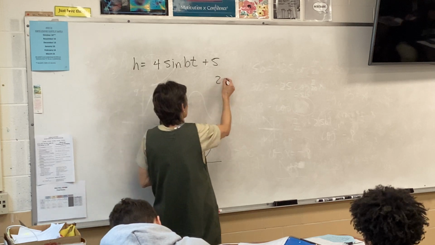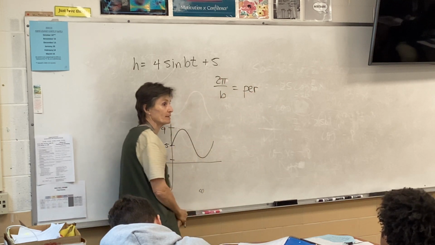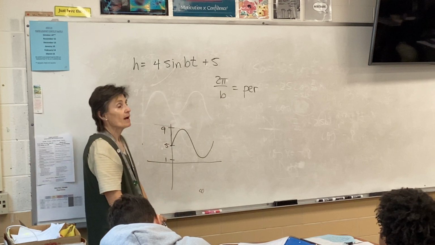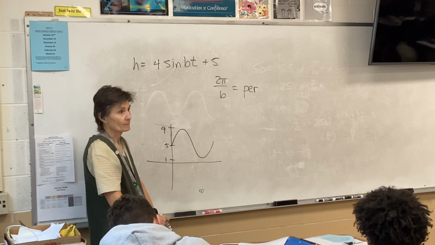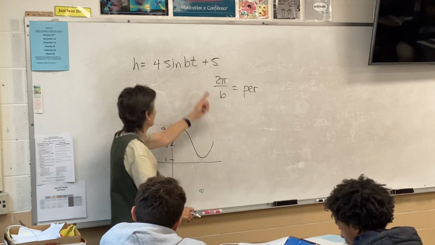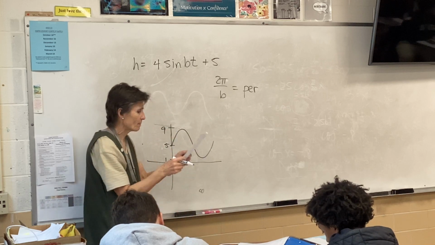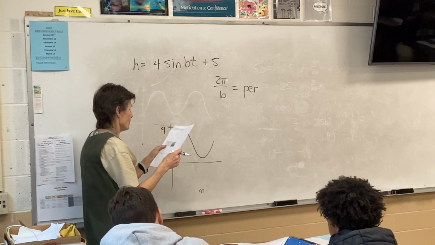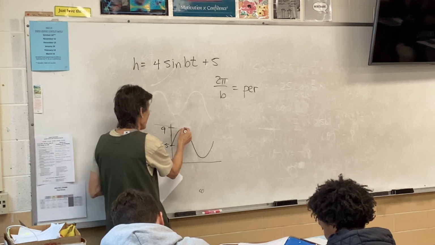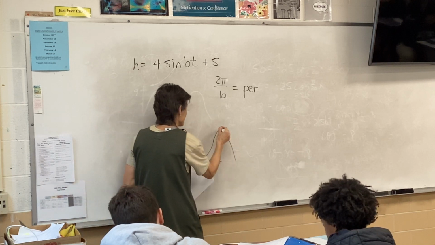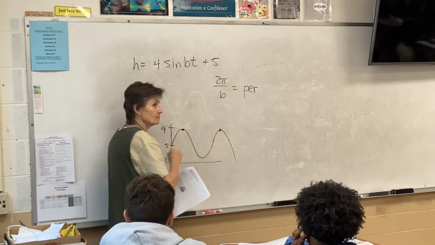I do know that 2 pi divided by that B is how I would calculate my period. That's how you find the period of a sine or cosine. 2 pi divided by that number. So what did they tell me? Did they give me any information about it? There are 3.5 seconds from one 9 to the next 9. Isn't that a period?